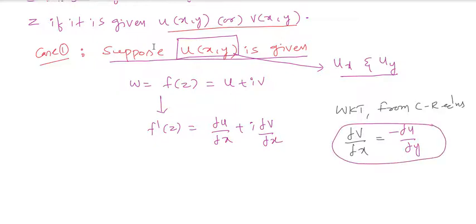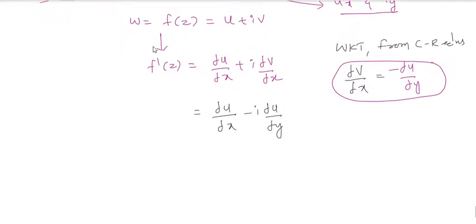That is why I am representing everything with respect to only u. If you replace this, you will have dou u by dou x minus i into dou u by dou y.